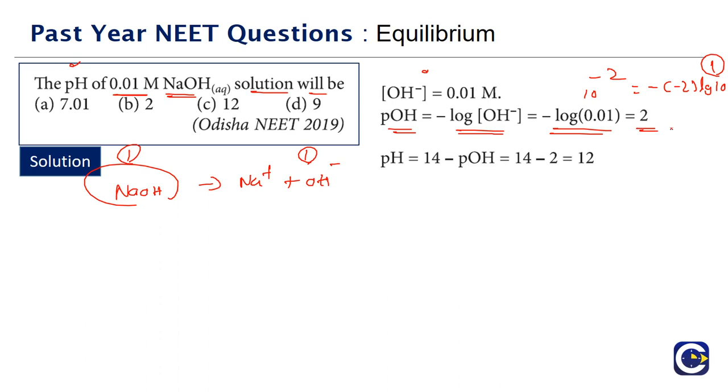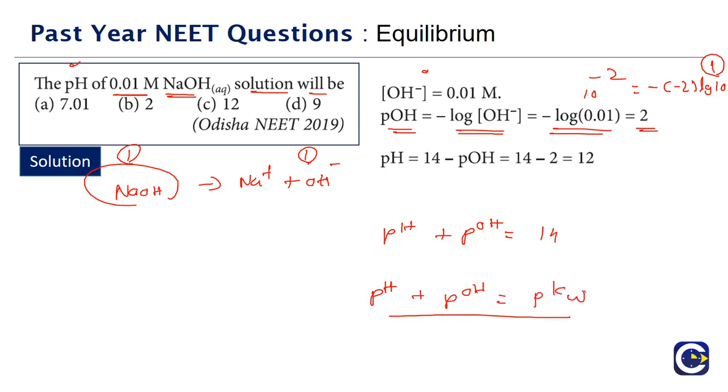We are assuming that pH and pOH are related at room temperature, because at room temperature the pH plus pOH value is equal to 14. In general, pH plus pOH is equal to pKW.